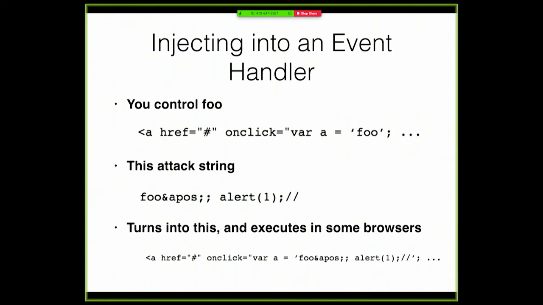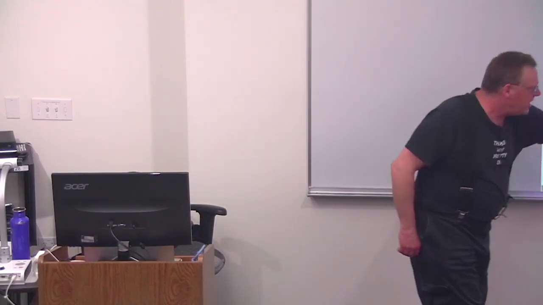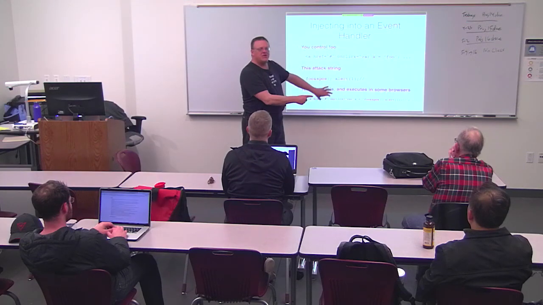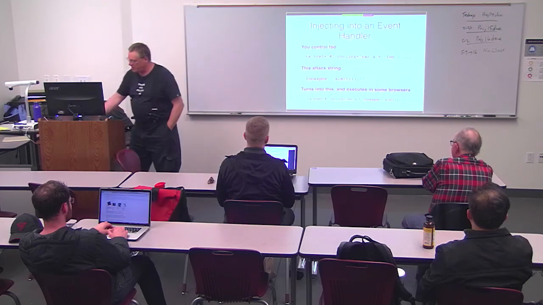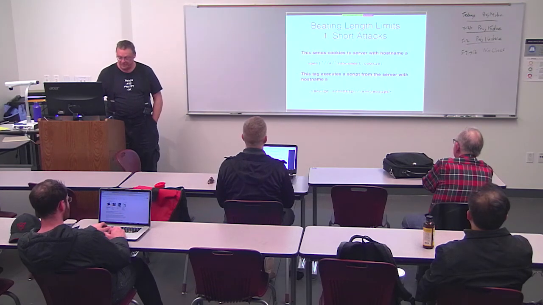I've seen plenty of comedy movies where they have someone translating who's got their own agenda and they're modifying what they're saying. And your browser is doing that. It's taking this garbage and trying to figure out what it was supposed to be and how to fix it. And so often it will turn it back into executable code.